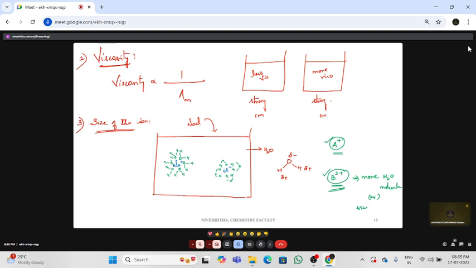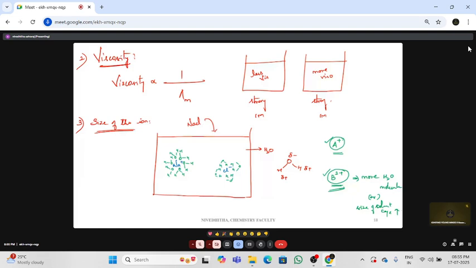The size of the solvent cage will be greater. So if the positive charge on the cation is more, then the size of the solvent cage will be more. So this kind of ion cannot move easily because ions will be moving along with the solvent cage. Here the size of the solvent cage is huge.